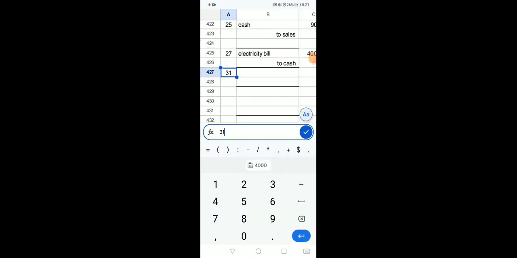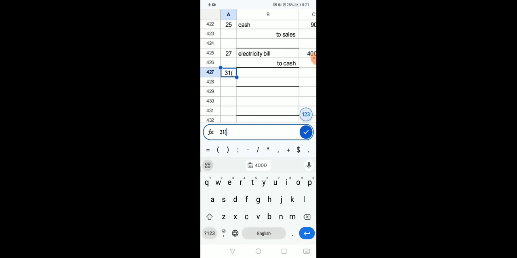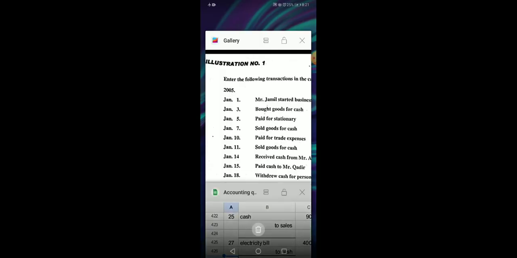I have seen there are two entries of the same date, so you can mention 31A entry at first. And what the first 31 entry is saying is paid salary. When you pay, it means you are paying in cash, and that means cash is going out, with which cash in hand is decreasing. Decrease in cash in hand means decrease in asset.